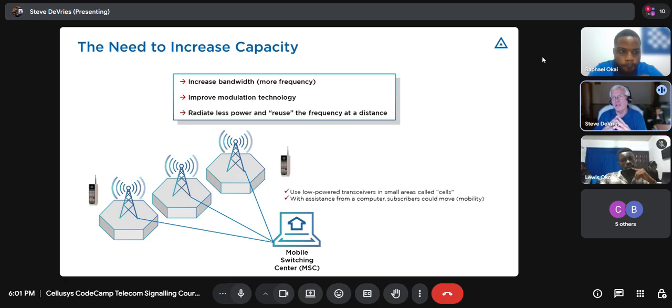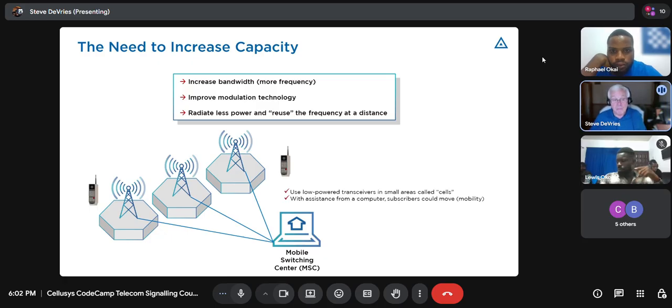The key way you're going to increase capacity, because more and more people want to use this, is you radiate less power and you reuse your frequency at some distance away. So if you radiate power at this cell, and you draw these cells as hexagons, that's how they're drawn. We know radio waves don't follow that neat 6-sided hexagon, but it's a convenient way to draw it.